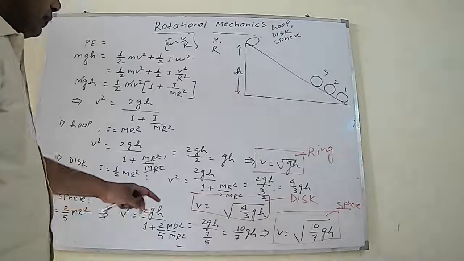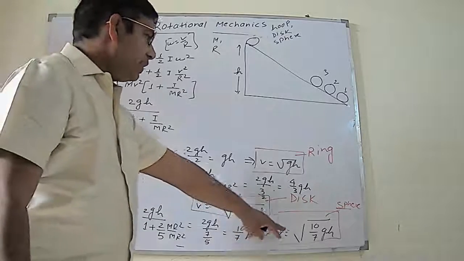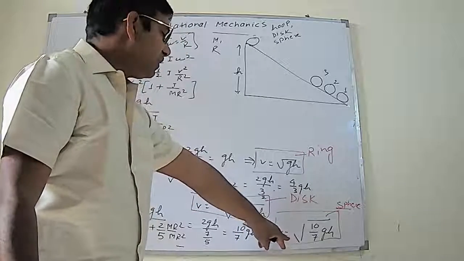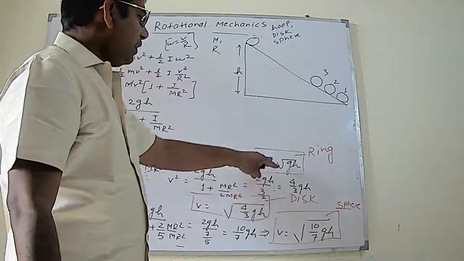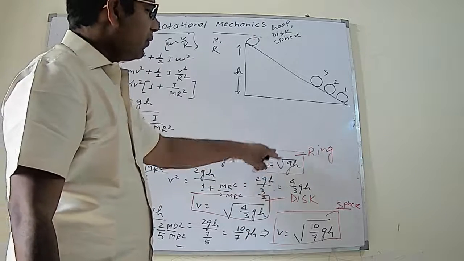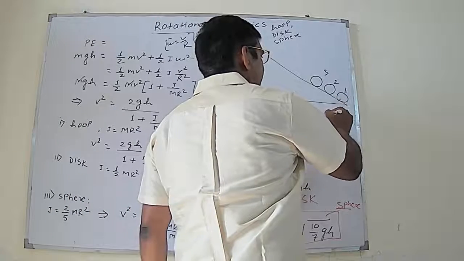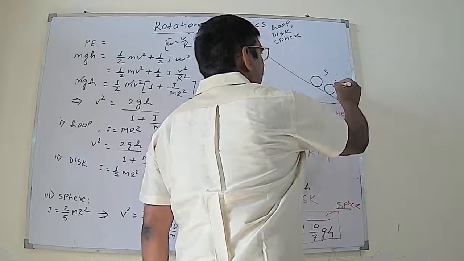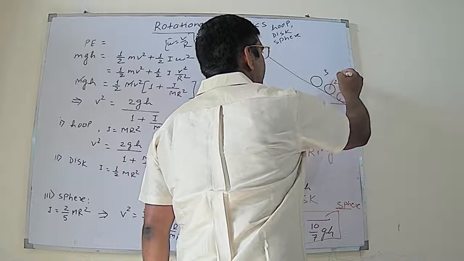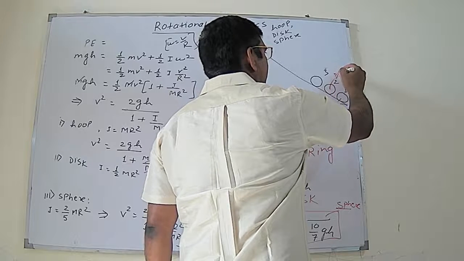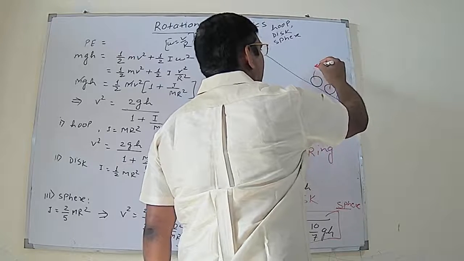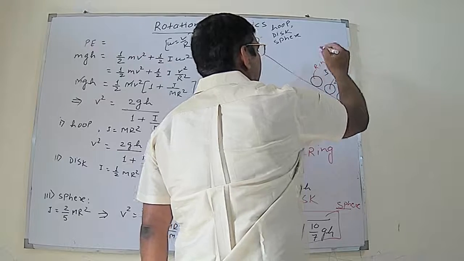Obviously we can see that the sphere will have the highest velocity, the disk next, and the ring the lowest. So number 1 will be the sphere, number 2 the disk, and number 3 the ring.